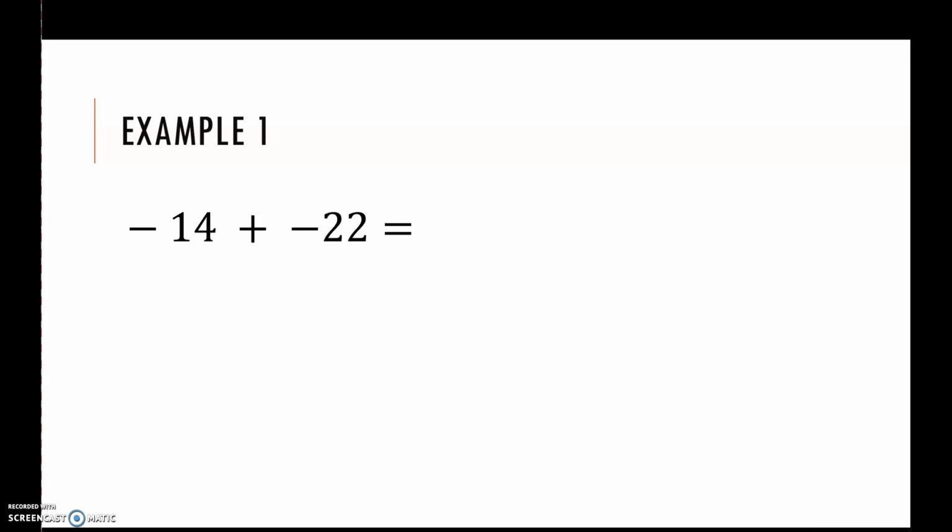Same sign, which means we add them and keep the sign. So I have 14 and 22, and I add them. 4 plus 2 is 6. 2 plus 1 is 3. So I have 36, and then I keep my sign. So I have negative 36.